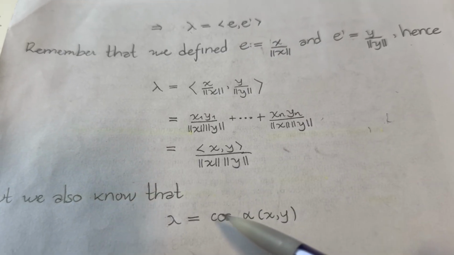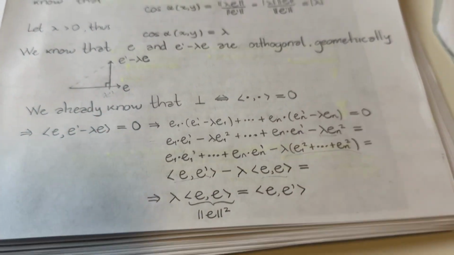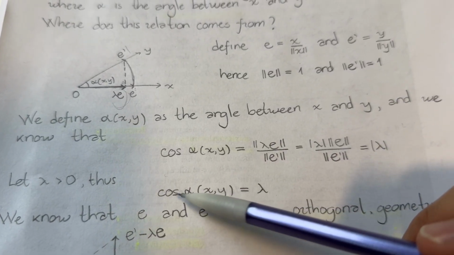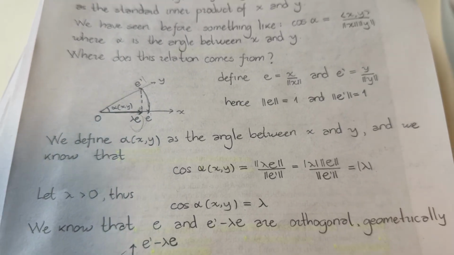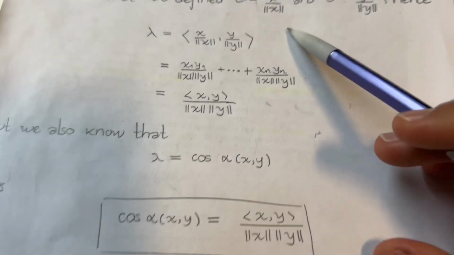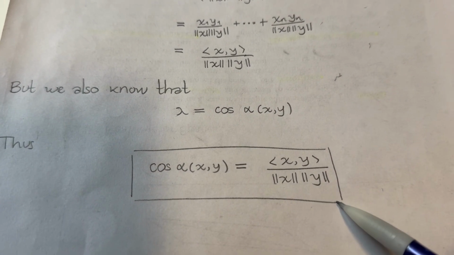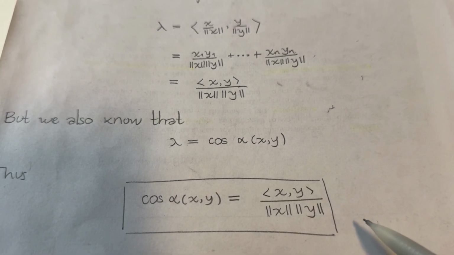But we also know that lambda, as we previously defined it, is equal to the cosine of the angle between x and y. So lambda is equal to this, and lambda is also equal to that. We equate the two things, and we arrive at the expression that we wanted to derive initially.